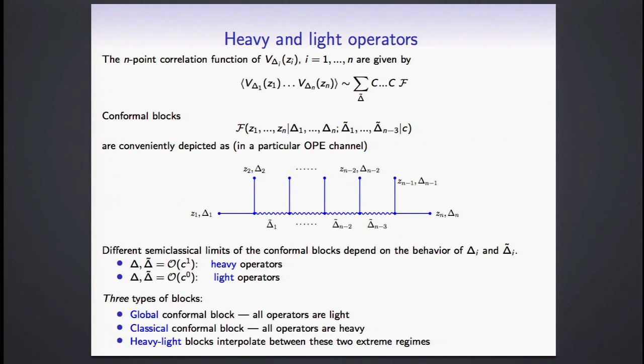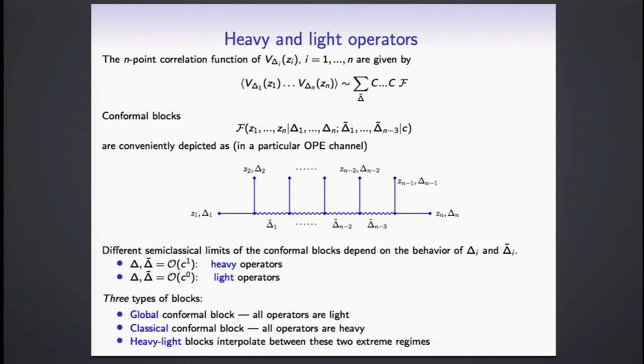So dividing the correlation function into holomorphic and anti-holomorphic parts, we observe that the model independent part of the correlation function is given by the so-called conformal block, which depends on the coordinates of operator insertions, on external dimensions delta, and on conformal dimensions of the exchange channels, which are denoted by delta tilde. Okay, and also the conformal block depends on the central charge.